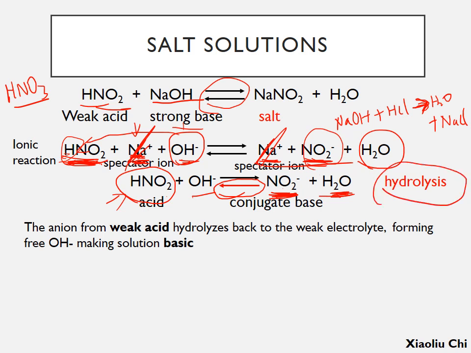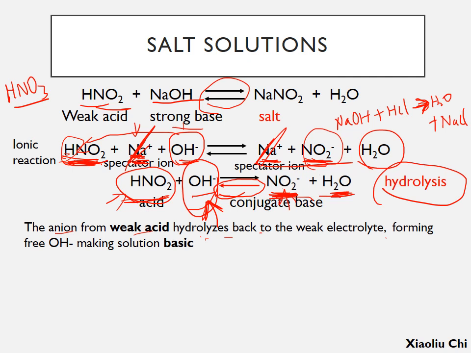Okay, hydrolysis is the anion from a weak acid hydrolyzed back to the weak electrolyte. When this goes back, it forms the weak acid plus extra hydroxide. And so it increases the concentration of hydroxide and makes the solution basic.